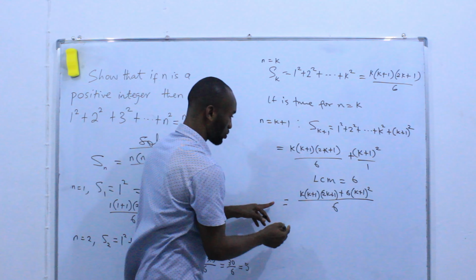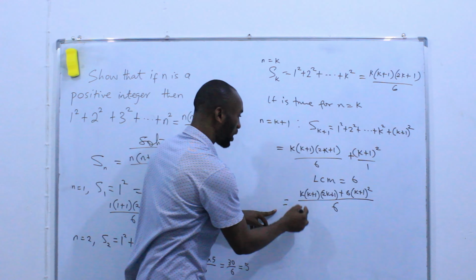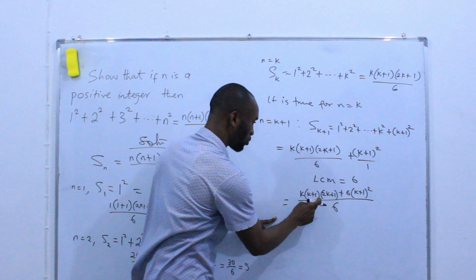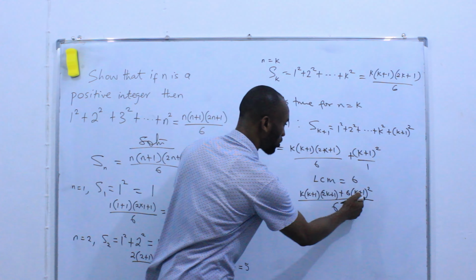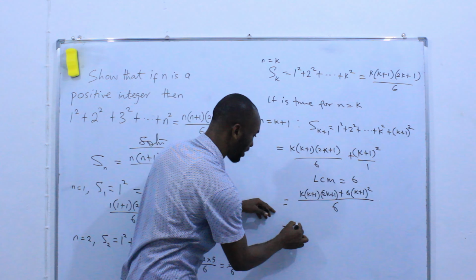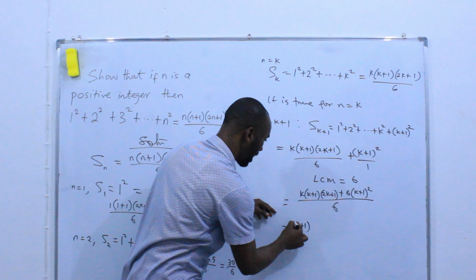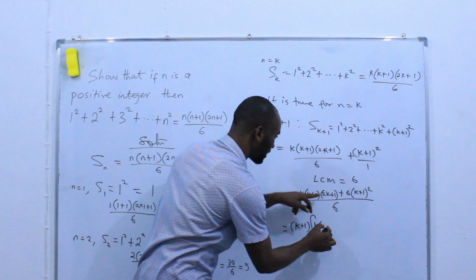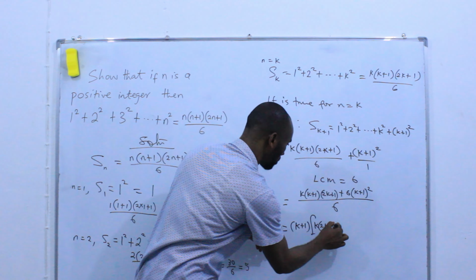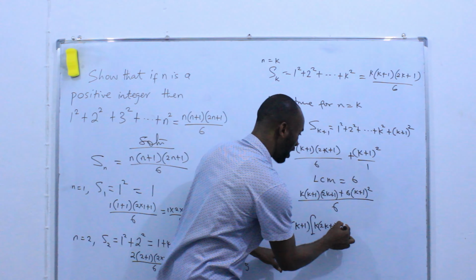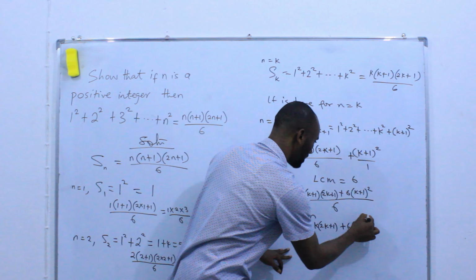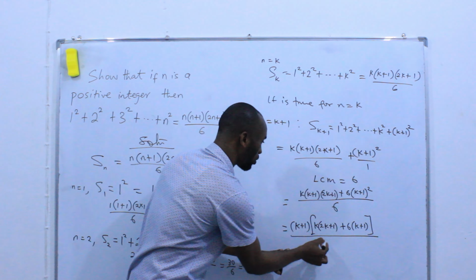So we go ahead to simplify the numerator. We have something that is common here: k plus 1 is here and k plus 1 is here. So if I bring out k plus 1 outside the bracket, I'm going to be left with k(2k+1) plus 6(k+1) in the bracket, all over 6.